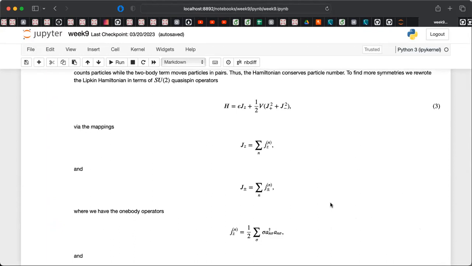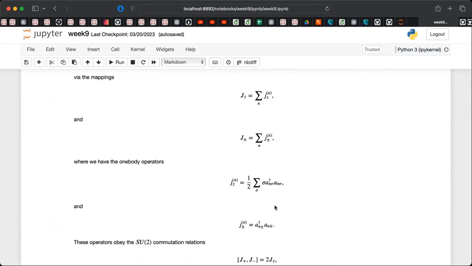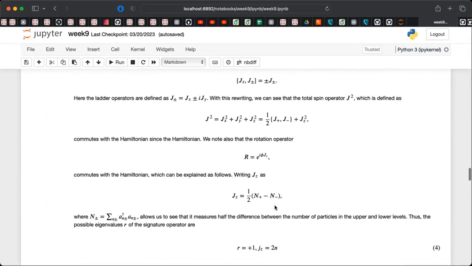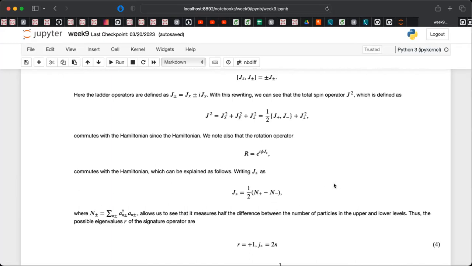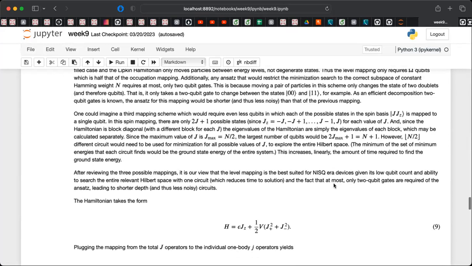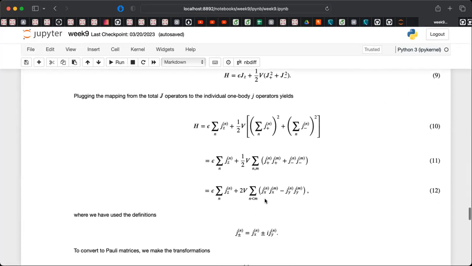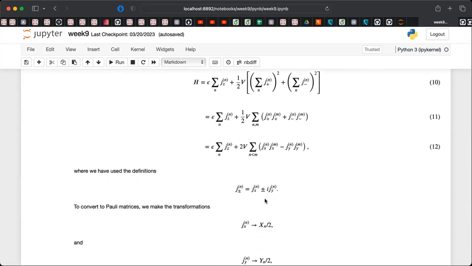So we can now rewrite this in terms of the one-body operators using second quantization, which means that, and this is partly a repeat from what we had last time, we can rewrite the Hamiltonian in terms of these quasi-spin operators, which in turn can be written out in terms of Pauli X, Y, and Z matrices.